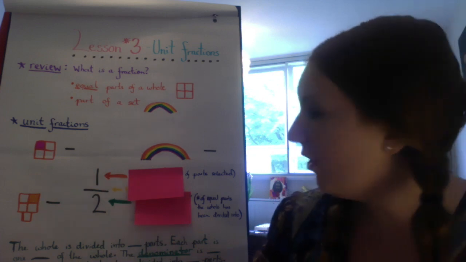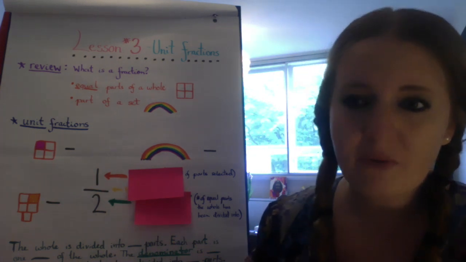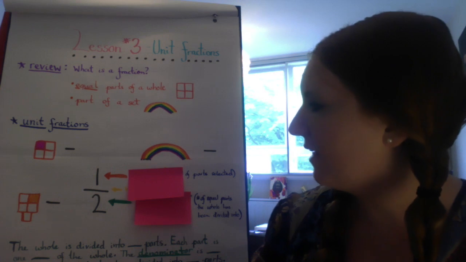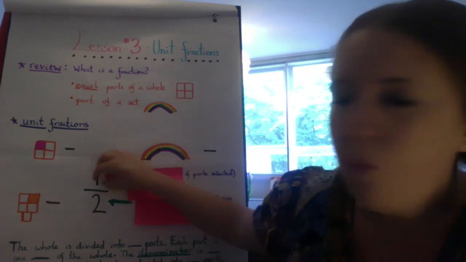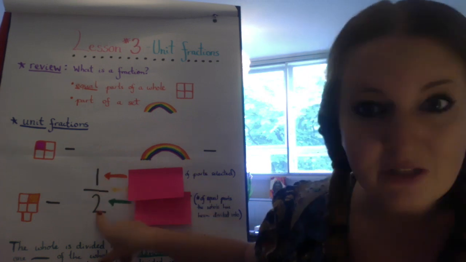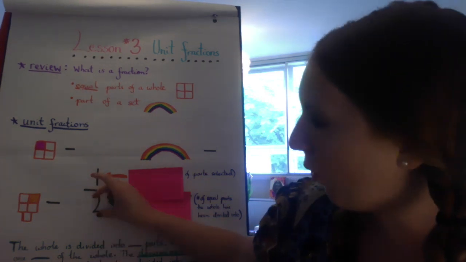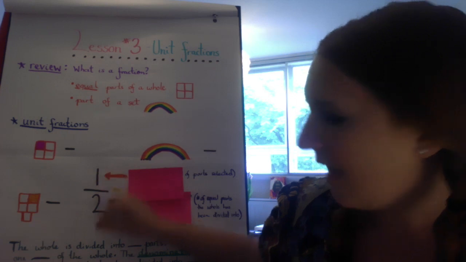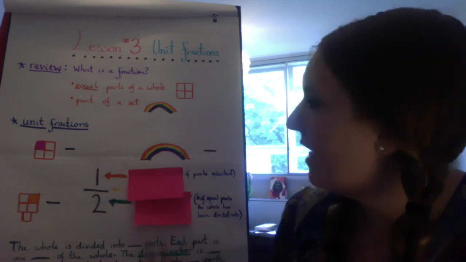Now, to know fractions and to really remember them, the best way to think about this is saying I have one part, in this case, I've chosen one part out of two. So my whole had been divided into two.